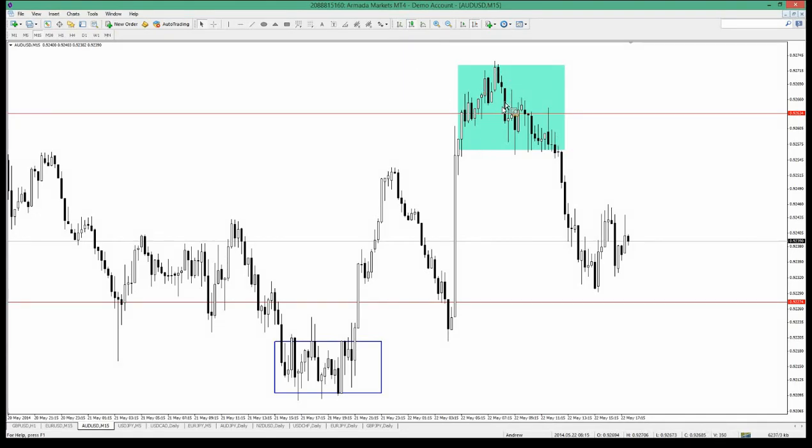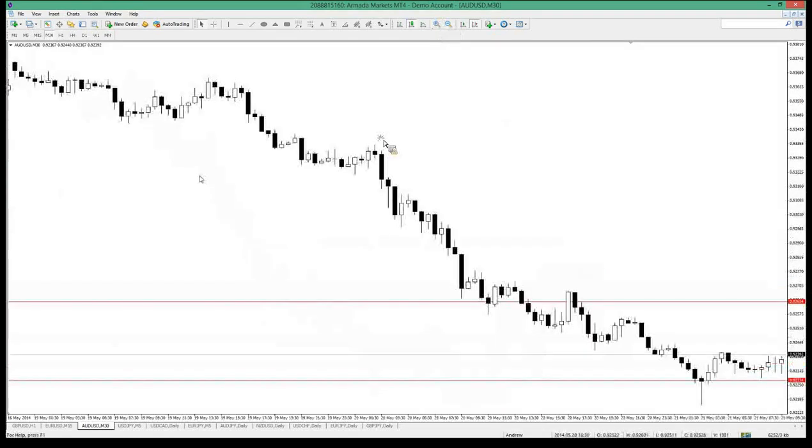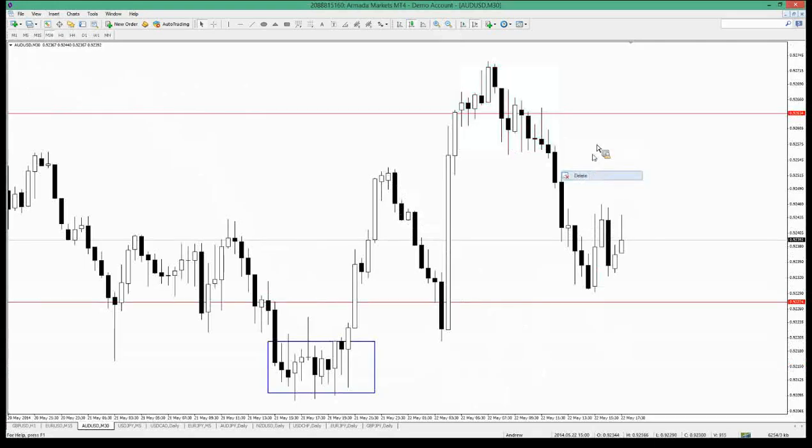But if we step up another time frame, let's look at the 30-minute chart. Have a look at that area there. How much nicer does that look? There are two very distinct ranges that I'd possibly be watching on this one. The first one is this area here. See this range?